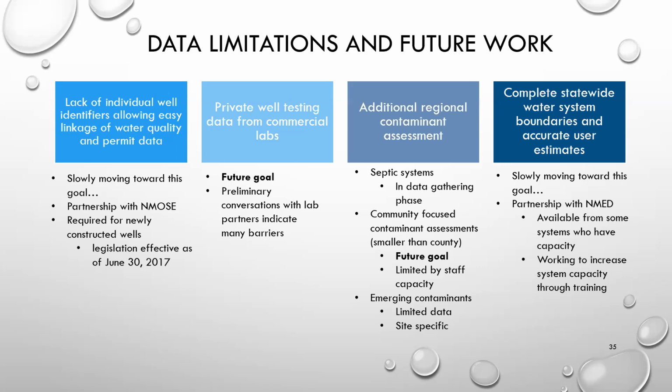And this is something the state has been working on for a number of years. And we are slowly moving towards this goal. And this is partnership with one of our other state agencies. And there is legislation requiring unique identifiers and an ID tag for new wells as of 2017. So we're slowly moving in that direction.